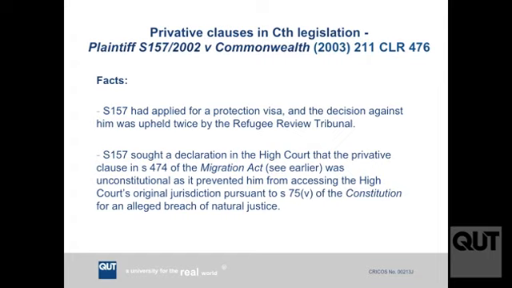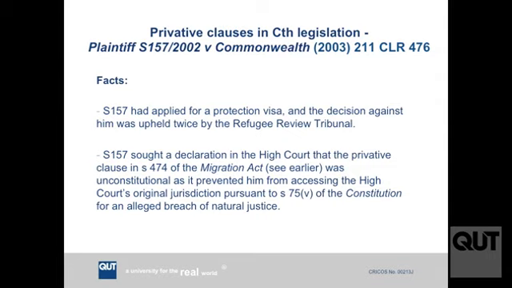The facts of Plaintiff S157 are that S157 was an asylum seeker who had applied for a protection visa which had been rejected. The decision rejecting the visa had been reviewed twice by the Refugee Review Tribunal after intervening Federal Court judicial review.